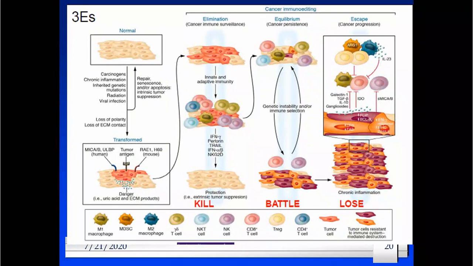This battle may end by the death of the cancer on the left side, elimination, or might end with the escape of the cancer and loss of the immune system on the right side, or the battle may have a state of equilibrium in the middle, and there is continuous battle with the presence of both the tumor and immune cells.